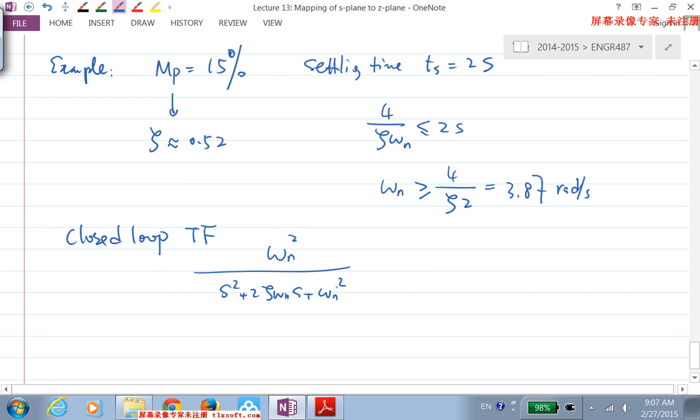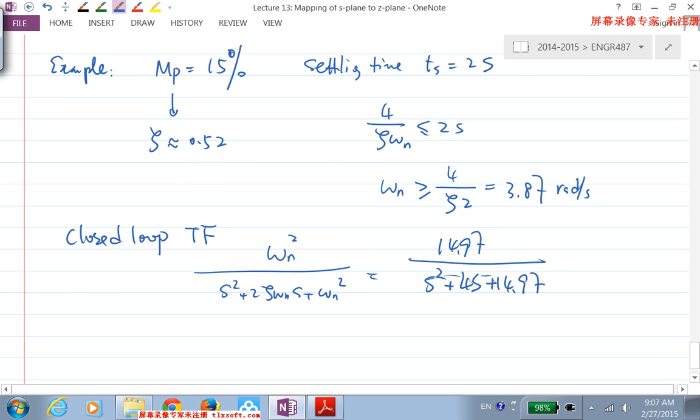Plug in the zeta and omega n, and you actually get 14.97 over s squared plus 4s plus 14.97.